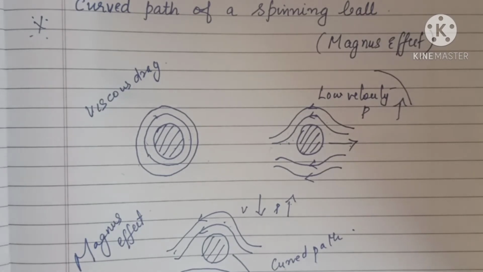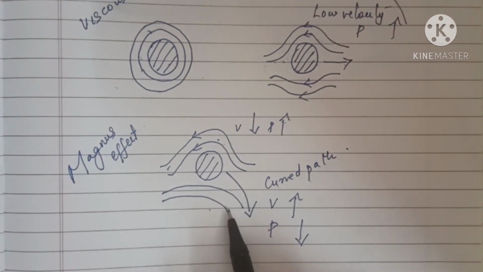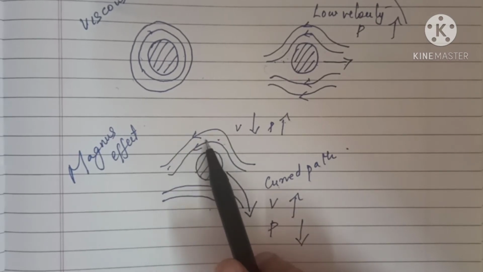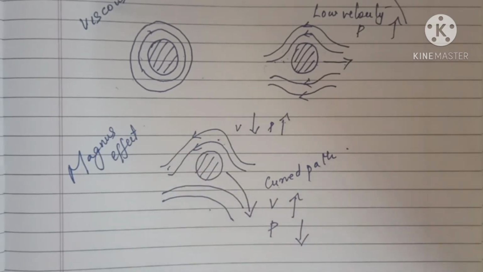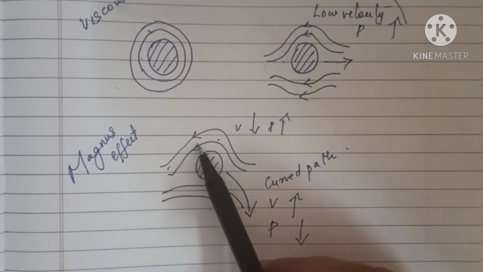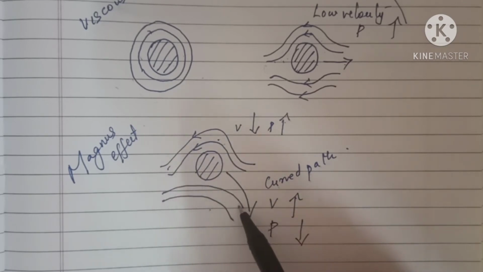On the upper side, there will be a higher pressure, and on the lower side, there will be a lower pressure. Understand? Because the velocity is high, the velocity will be in the direction of the spin itself, but in the upward region, the velocity will be opposite. The direction of velocity is opposite to the direction of the spin. Why? Because the air will move backward in order to fill the empty space as the ball is moving forward.